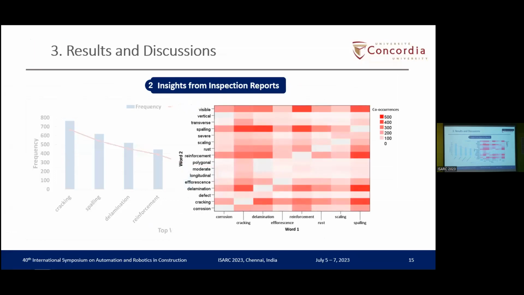Association or coexistence of defects was also investigated, which showed spalling is highly associated with the presence of cracking and delamination. This result was very important to verify the outcomes from information extraction and text mining, and also to identify the common language used by inspectors.